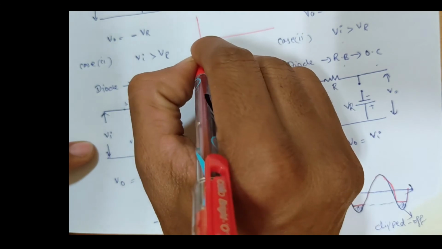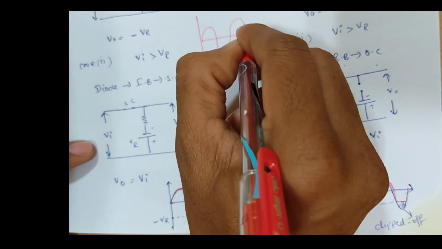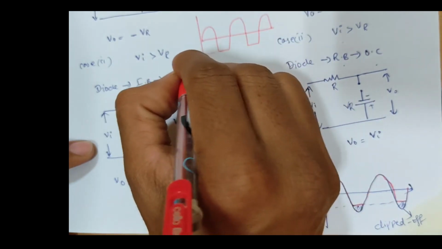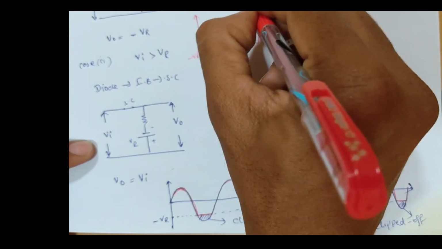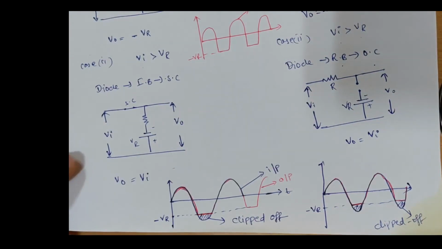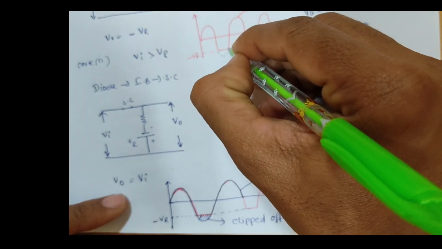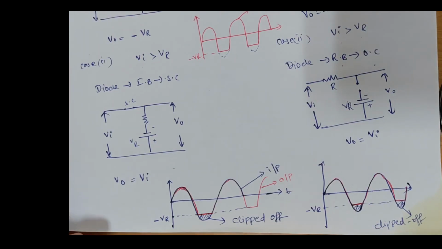This is our output waveform. This is minus here. Which part are we removing? Only this part. So a small portion of the negative half cycle is removed here.